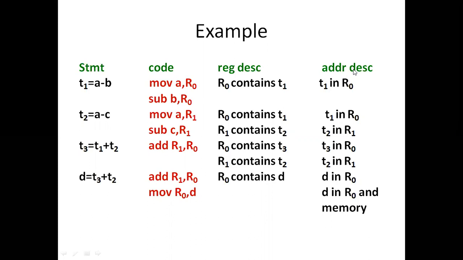We finally have four columns: one for the translation statement, one for the target code sequence, another for the register descriptor, and the operand descriptor, which we can name as the address descriptor.